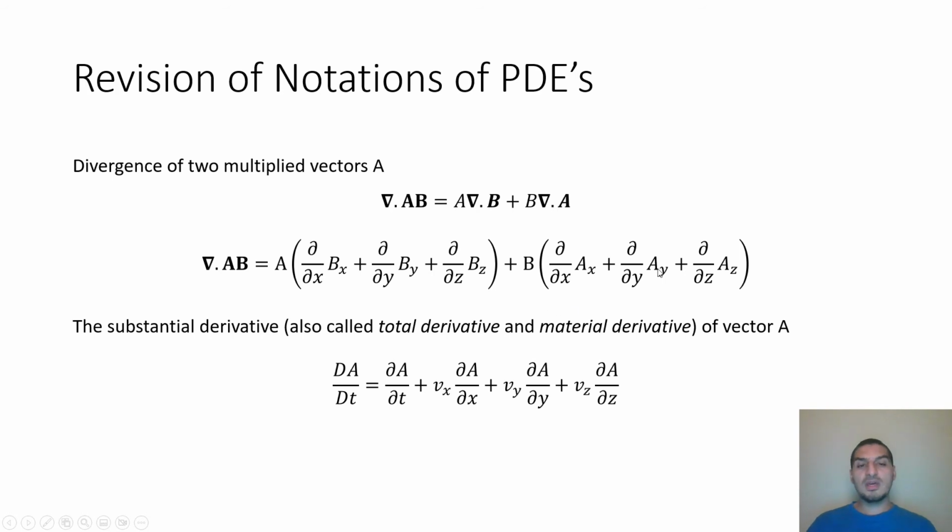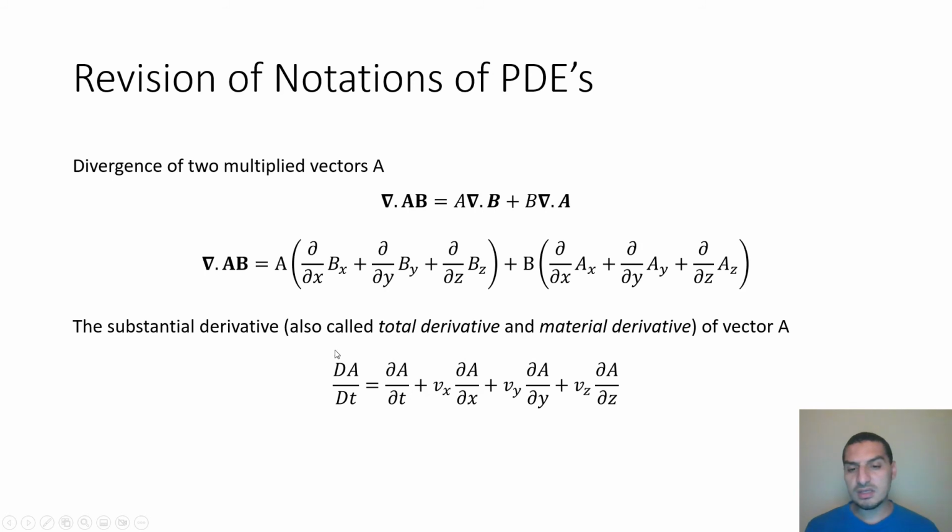And there is something that's called the substantial or total derivative. We're not going to use it except for just one case, and not a lot in this chapter or the coming chapters, but I mention it in case you're interested.